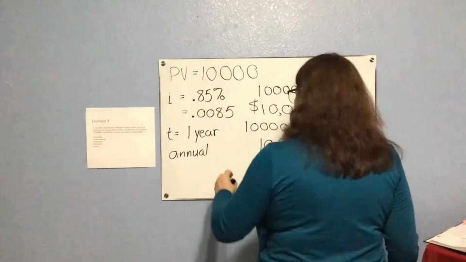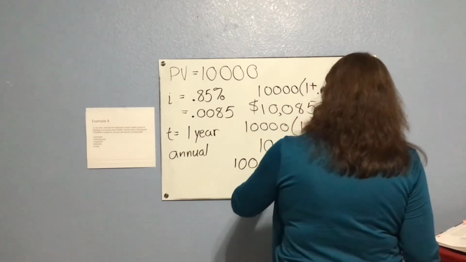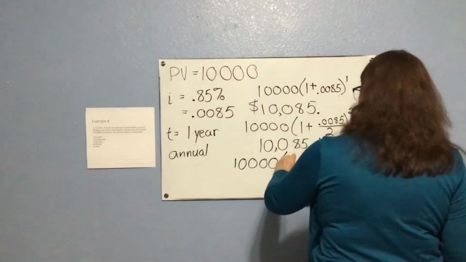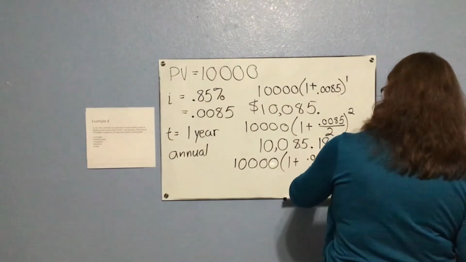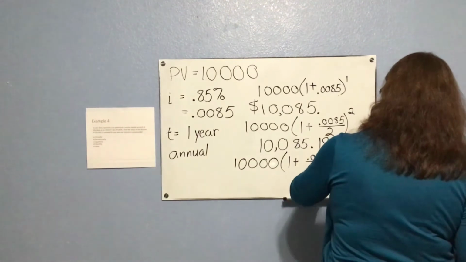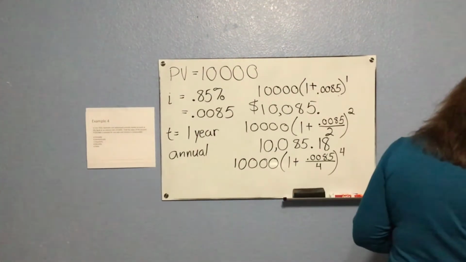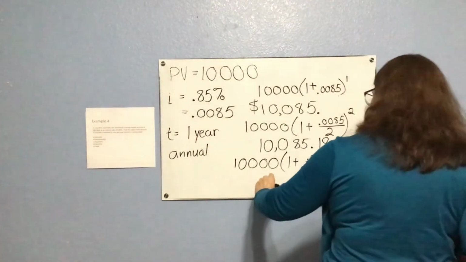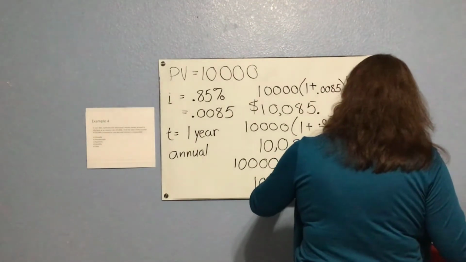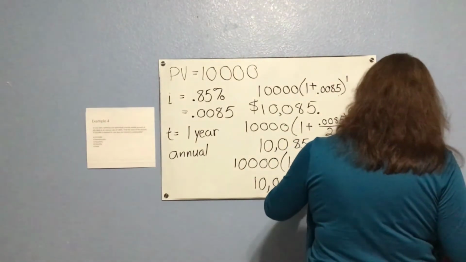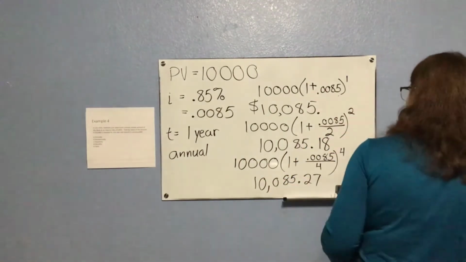Let's look at the next situation, which is quarterly. Quarterly means 4 times a year. So 0.0085 divided by 4 raised to the 4th power. And this is going to give me $10,085 and 27 cents.